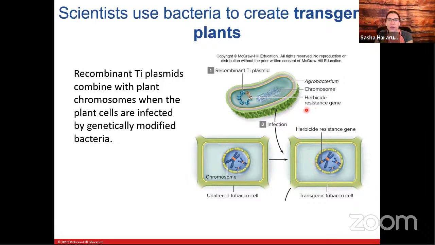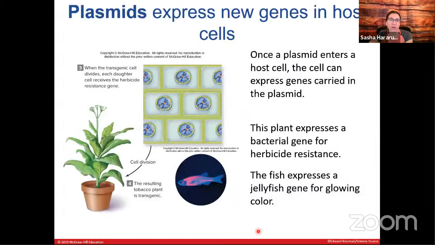So to genetically engineer plant cells, scientists usually use agrobacterium, which naturally injects its recombinant TI plasmids into the plant's nucleus. Plasmids express new genes in host cells.